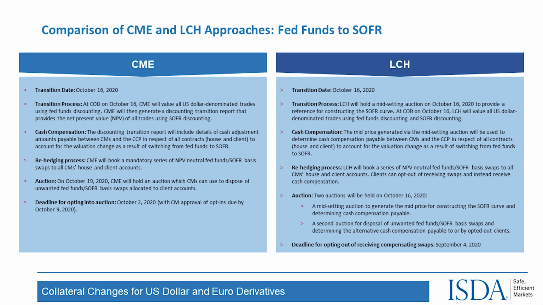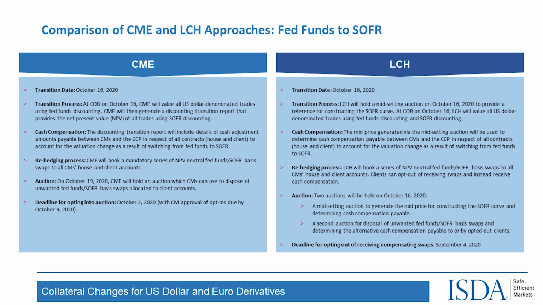Now, the SOFR curve that they will construct in order to provide that valuation is constructed using monthly and quarterly prices for listed SOFR futures contracts. The reason for this that CME gave is because these products are considered to be the most liquid.